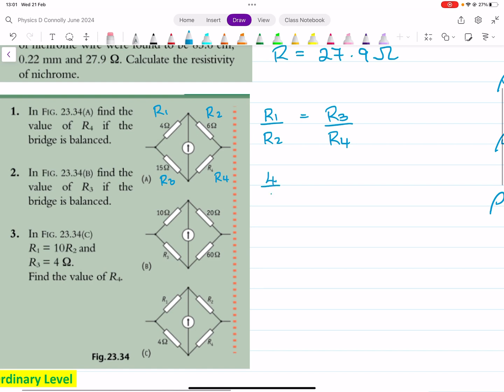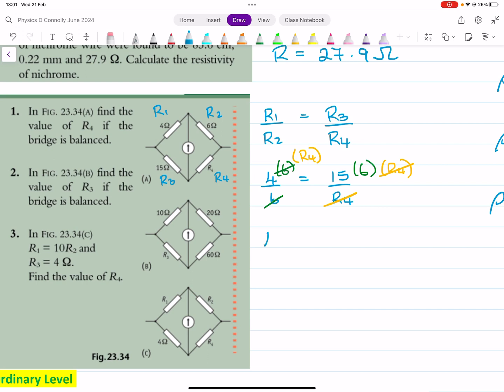So it's 4 over 6 equals 15 over R4. If we multiply across by 6, we'll cancel that out. And then if we multiply across by R4, we'll cancel that out.